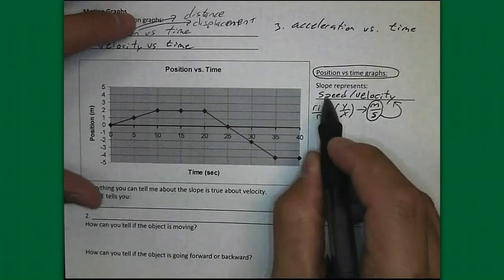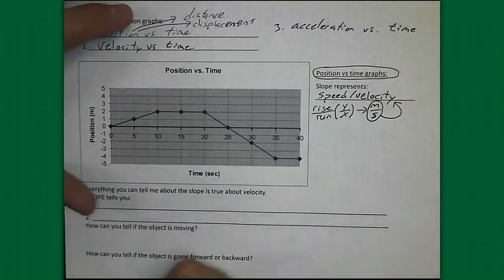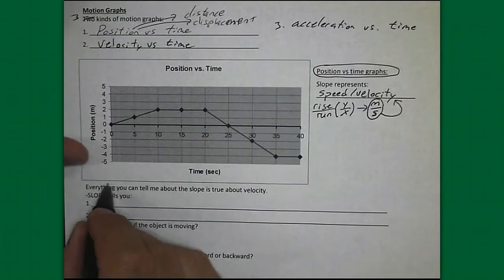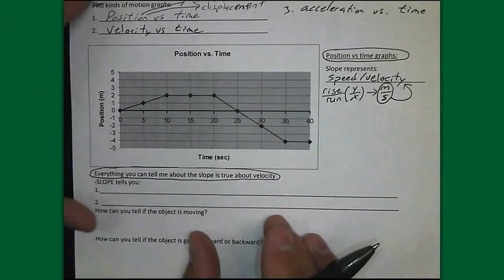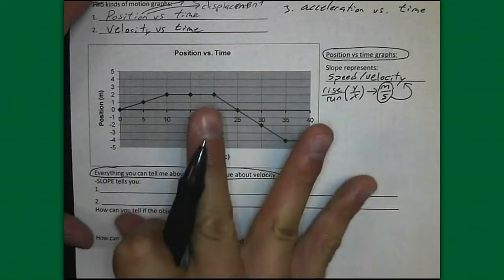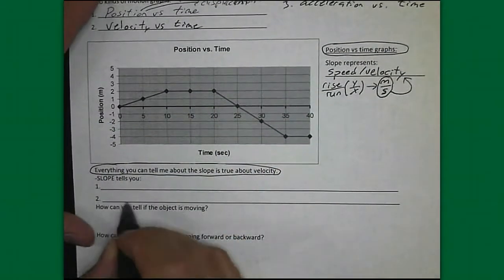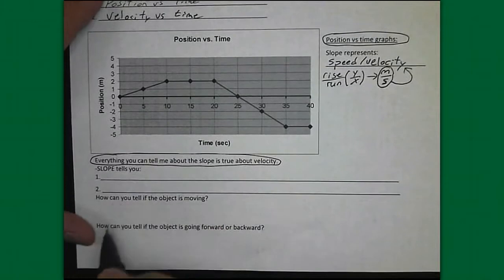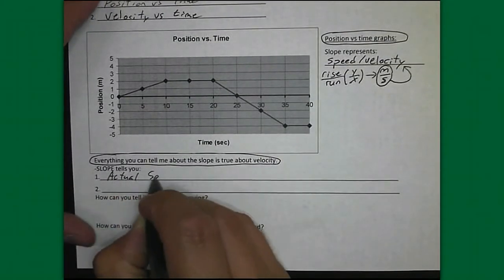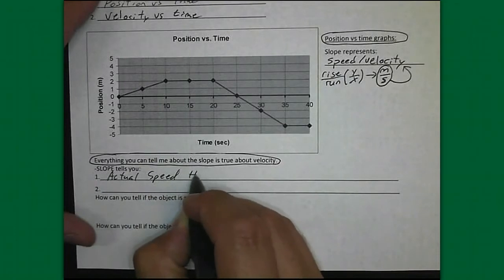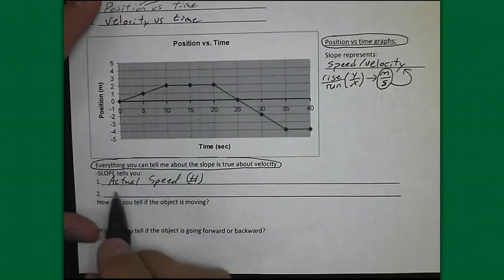So anytime that you see the word slope with a position versus time graph, you can substitute the word speed in there. Because everything you can tell me about the slope of this graph is also true about velocity. There's actually 3 things that we can tell about the slope of the graph. So we're going to add another one in here. The first thing that the slope can tell us is what the actual speed is. In other words, the number. I can actually calculate this slope and I can come up with the speed.